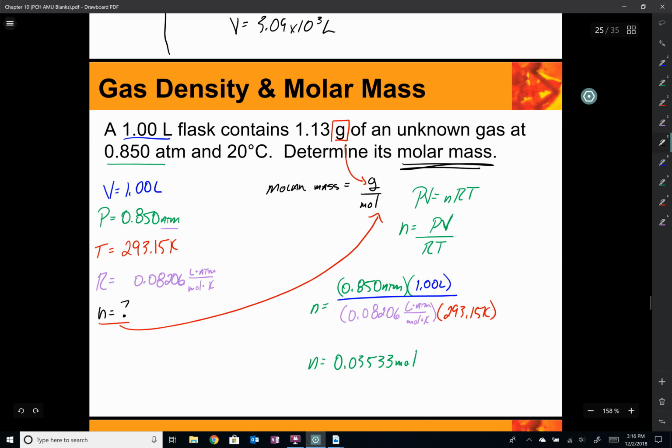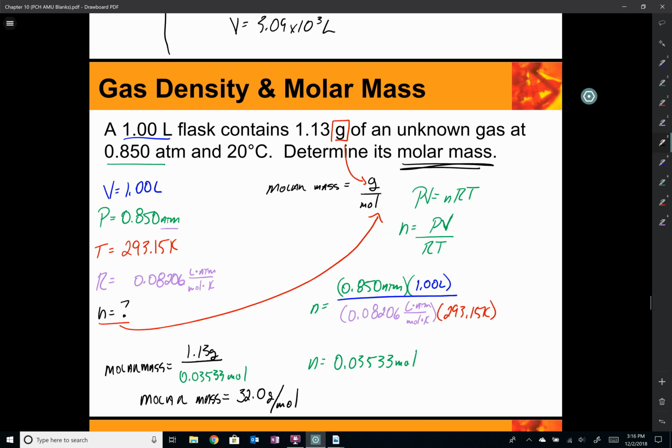So finally, our molar mass is equal to 1.13 grams divided by 0.03533 moles. And so I got molar mass equal to 32.0 grams per mole.